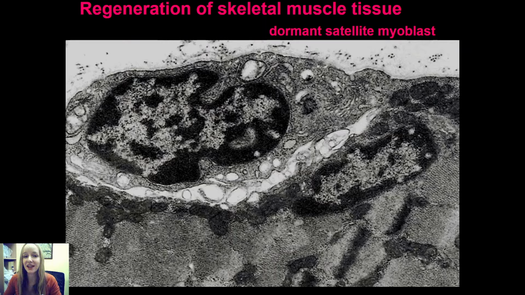So here we have a picture from light microscope. We can see centrally located nuclei right here. This is a longitudinal section, so it's hard to tell, but here we have a cross section, and here we can see the nucleus in the center of the cell. So it's a different situation.